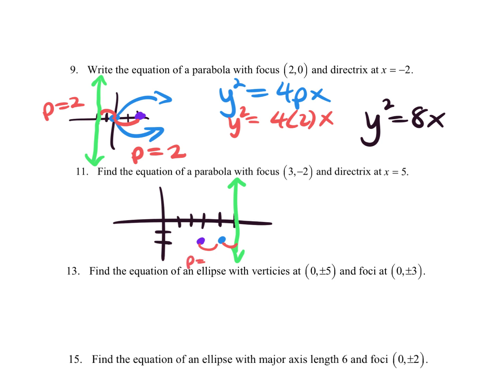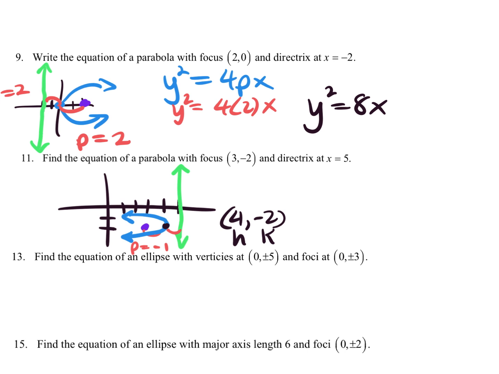However, actually, it's going to be -1, because remember your parabola surrounds the vertex. So whenever it's backwards, make that p-value negative. Now, my vertex point, this dot right here, is going to be the ordered pair 4, -2. This is my h, this is my k.